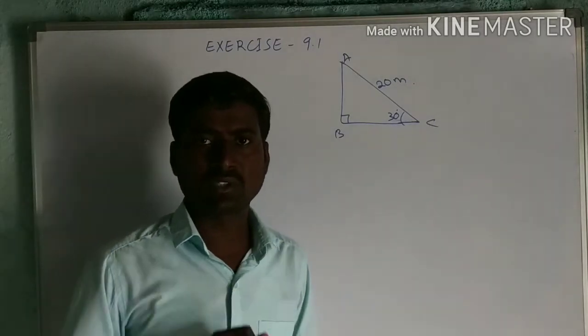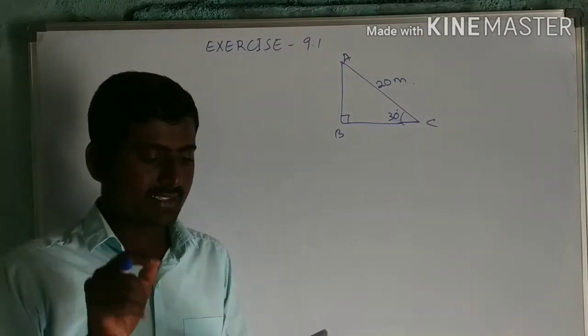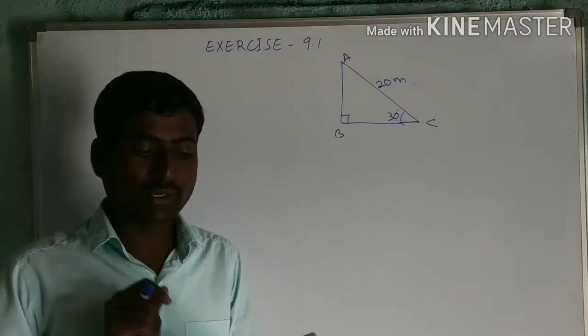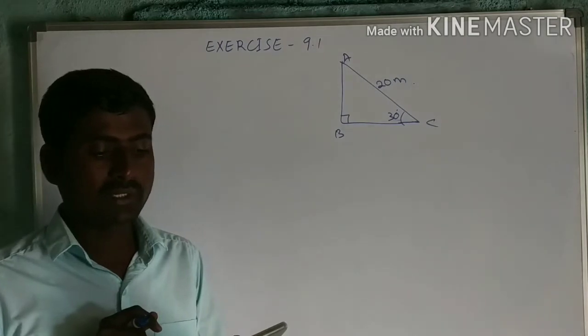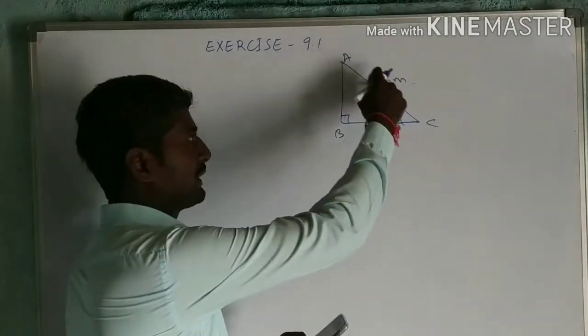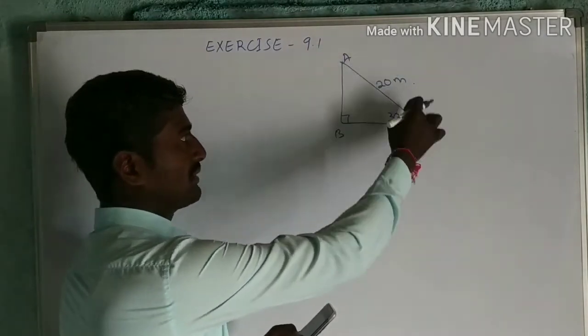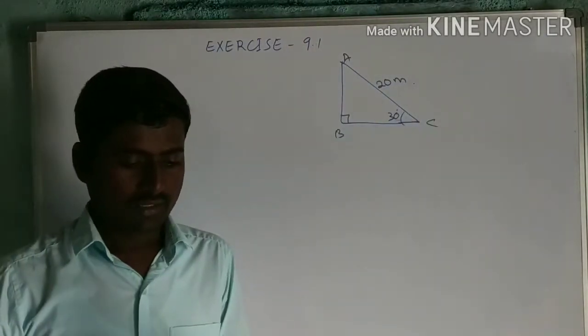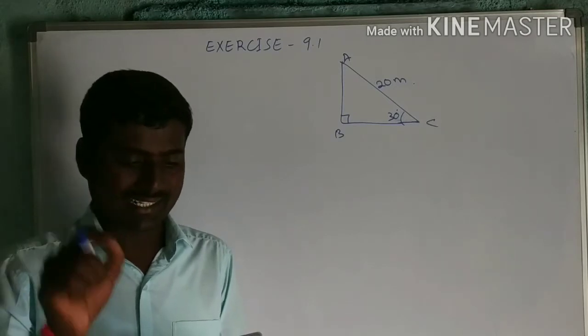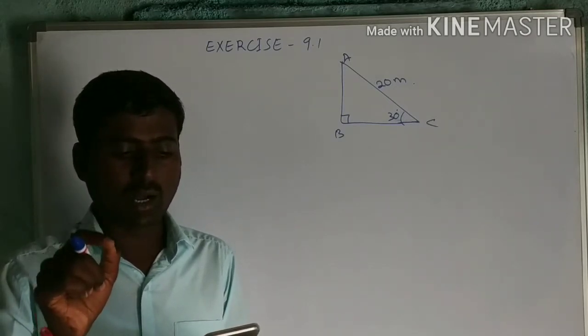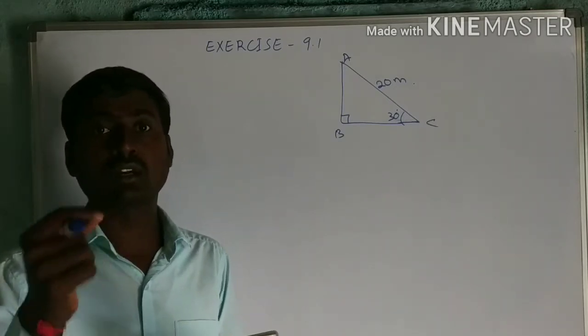Okay, the first question is: a circus artist is climbing a 20-meter long rope. This is a 20-meter long rope. He is climbing on this rope, which is tightly stretched and tied from the top of the vertical pole to the ground.